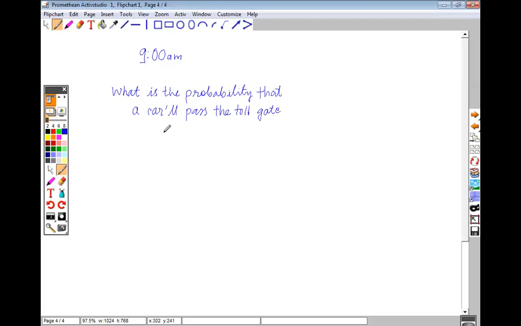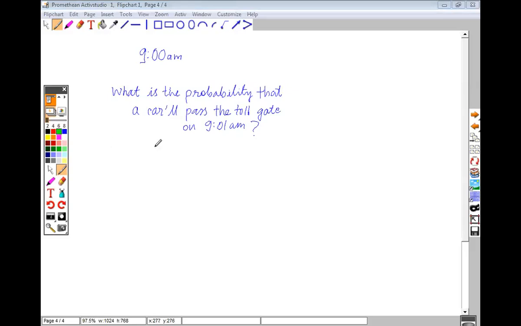Anyone would like to guess this probability? It's not possible, right? There can be no guess at all because we clearly don't have enough information about anything as yet. That's all right.